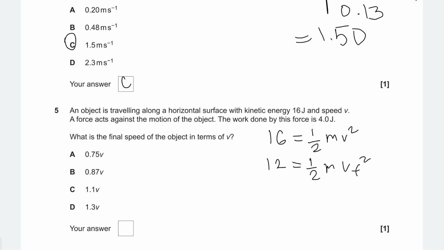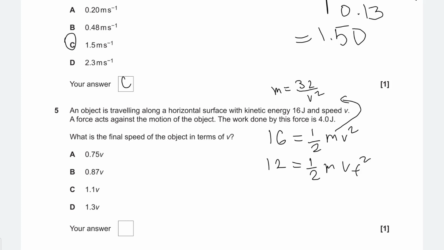Okay, now let's solve this system of equations. I'm going to find the mass on this side here, so I'm going to say that the mass is 16 times 2, which is 32, divided by v squared. That's right, isn't it? So yeah, mass will be 32 divided by v squared.